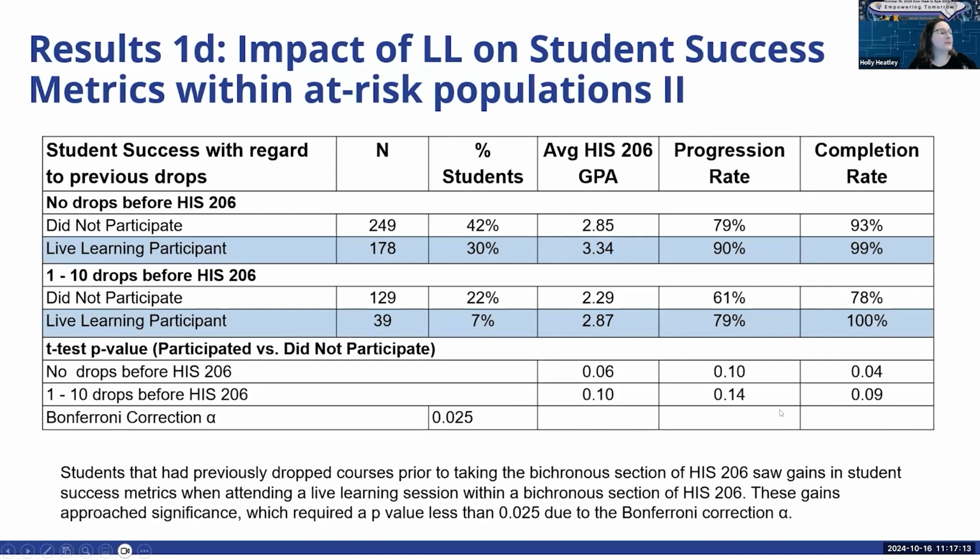Amongst students who had not previously dropped a course, this p-value for course completion rate was less than 0.05, but was still above the Bonferroni correction of 0.025, meaning that the improvement that we see was still great, but also not statistically significant.